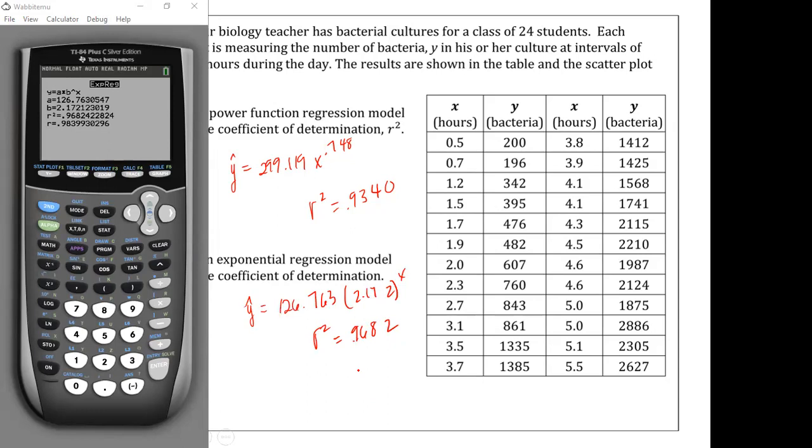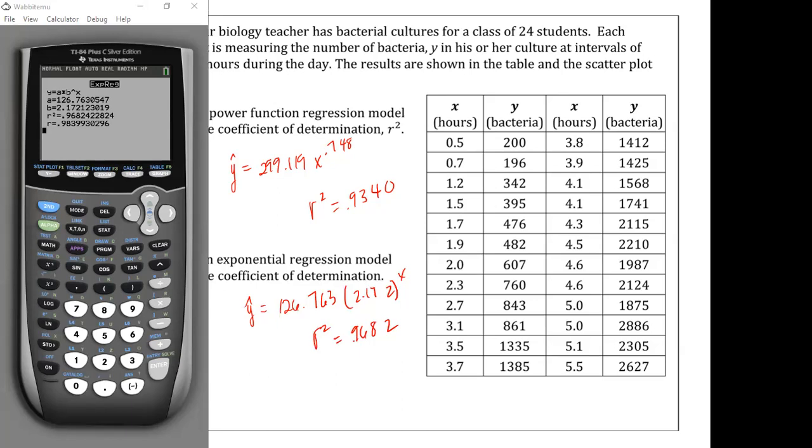So this is what they had me comparing, between a power and an exponential. Based on what it's asking me to compare, which is the best? The exponential. Why is the exponential the best? Your R squared is closer to 1.